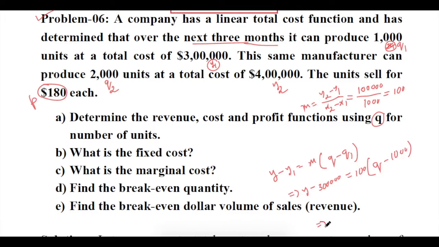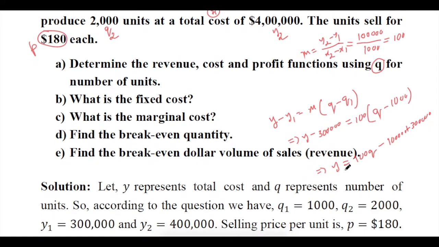So this implies y equals 100q minus 1 lakh plus 3 lakhs. So your cost function will be y equals 100q plus 2 lakhs or 200,000. So this one will be your cost function.